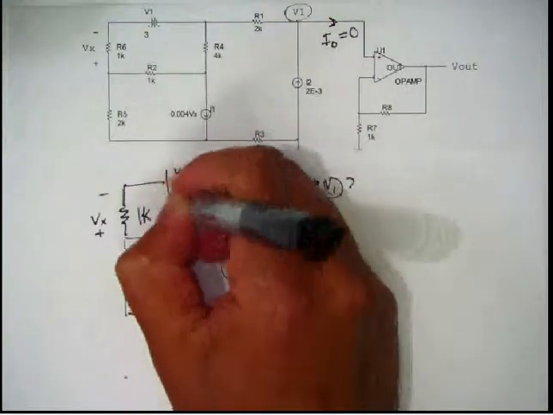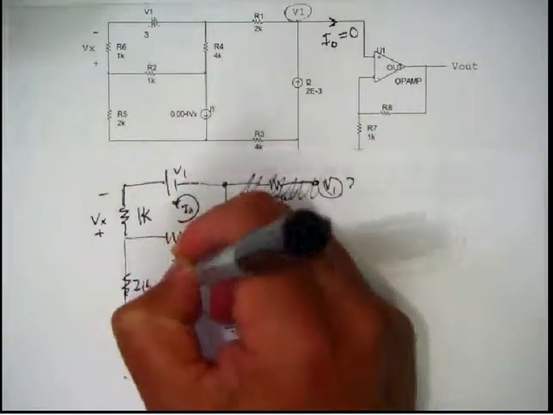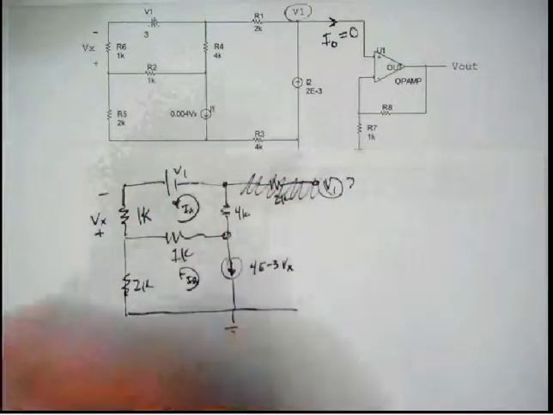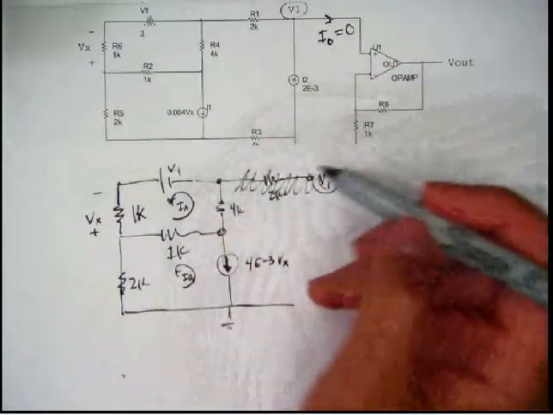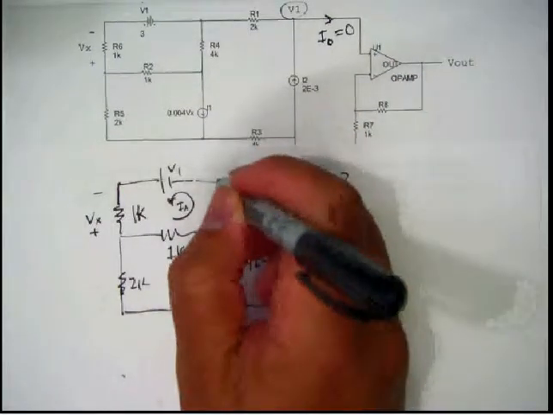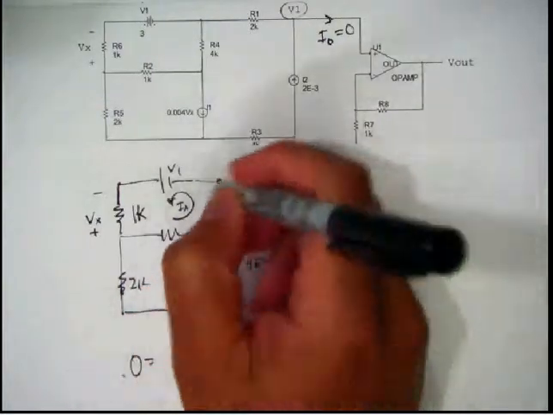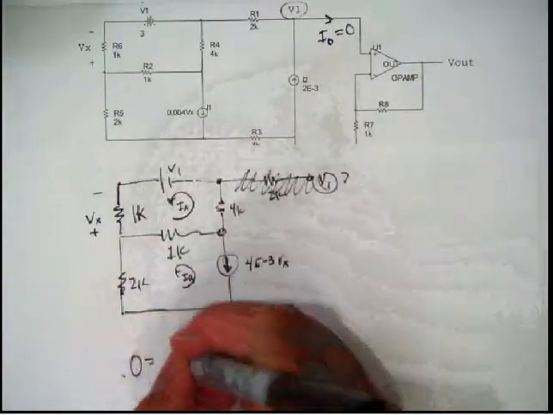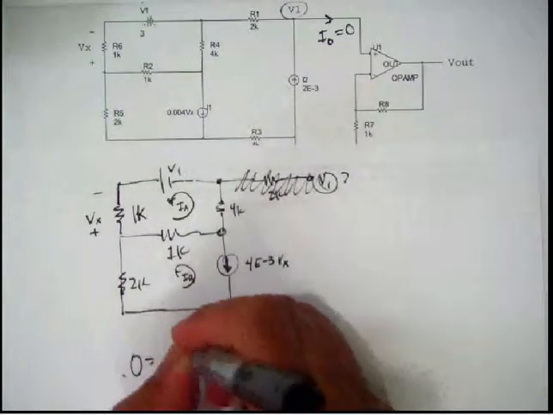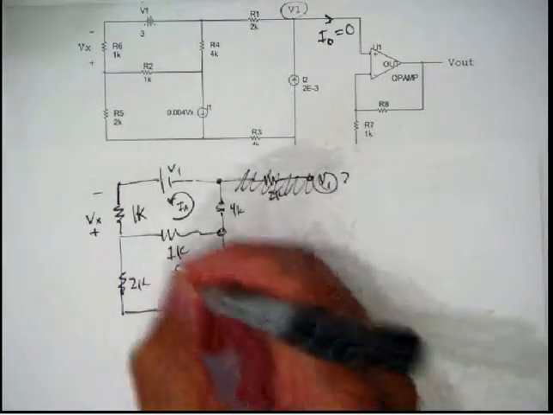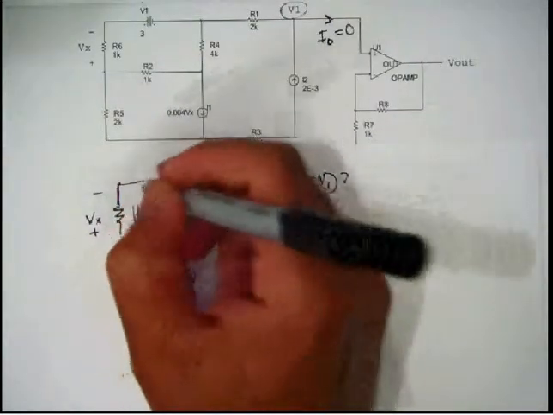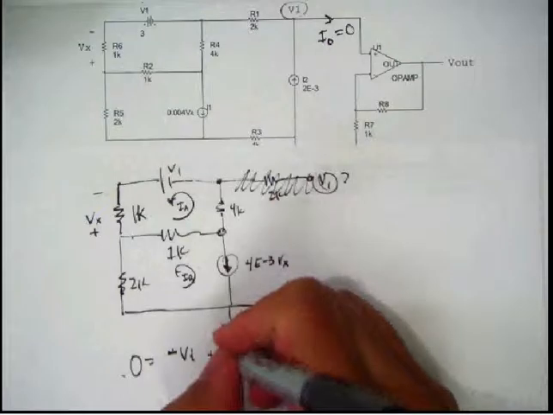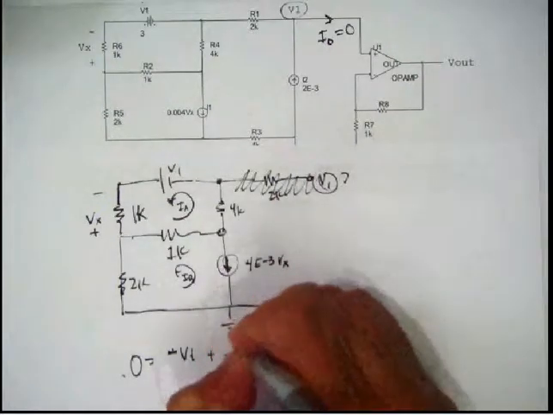I'm going to introduce two currents, IA and IB, and so we'll do our regular loop analysis. In this case, 0 is equal to the voltage drop, which is negative V1, plus current goes through here, the voltage drop through this resistor is negative Vx.